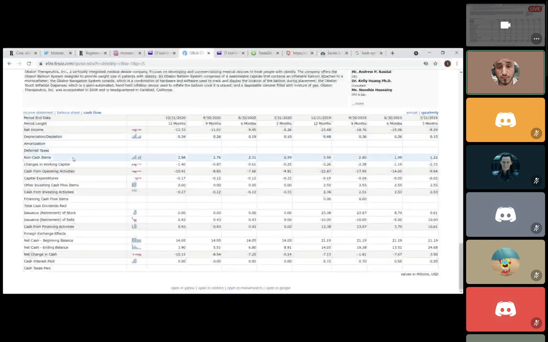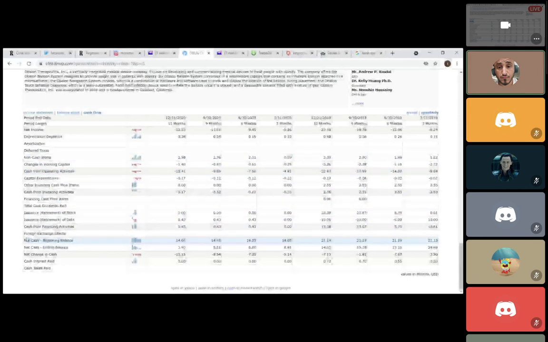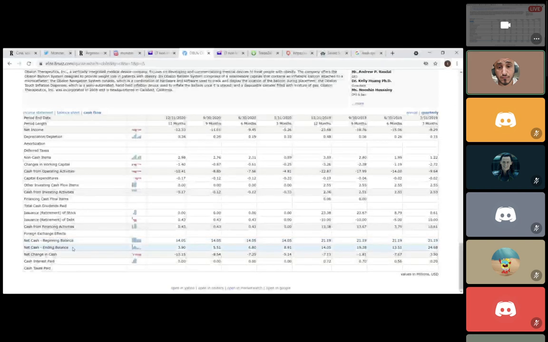So this is basically the revenues minus the operating expenses. And then if we go down directly, we don't need to go through all of them. What you will see is the net cash beginning balance, net cash ending balance, and this is the net change in cash.